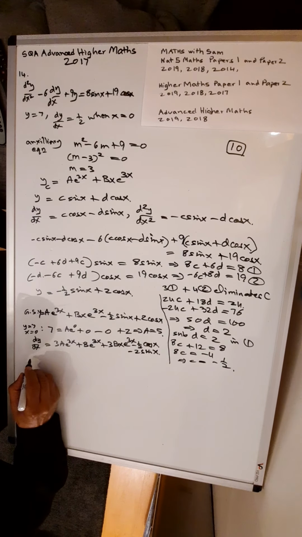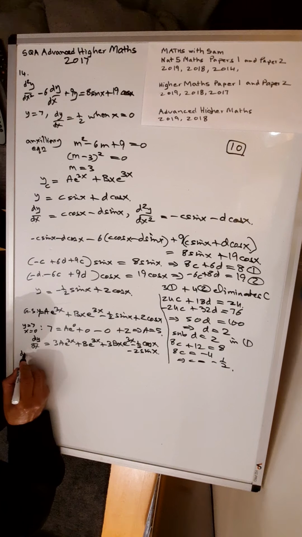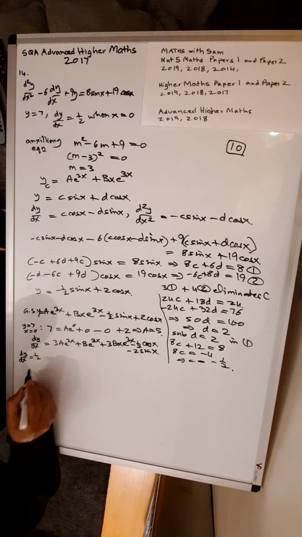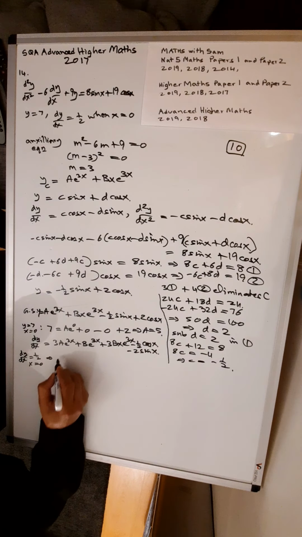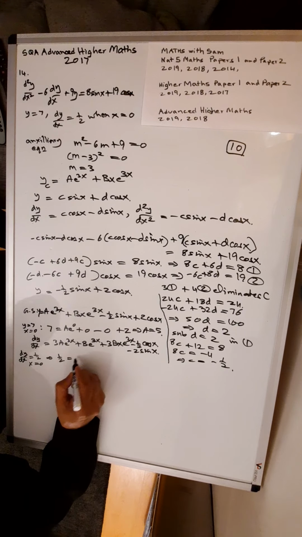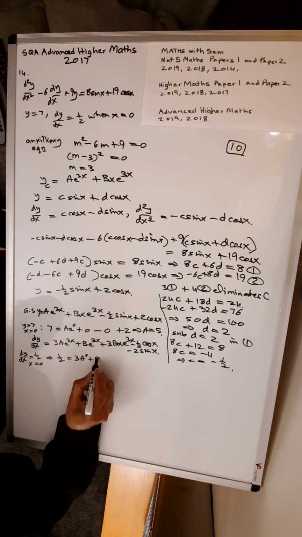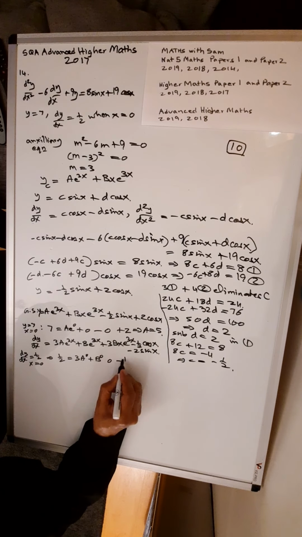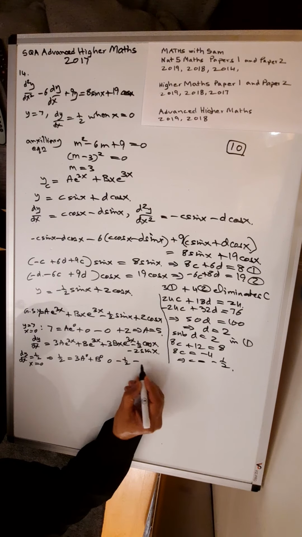And you're told that dy by dx is equal to half when x is equal to 0. So that means that a half is equal to 3a e to the 0 plus b e to the 0, this is just 0, minus a half, and minus 0.